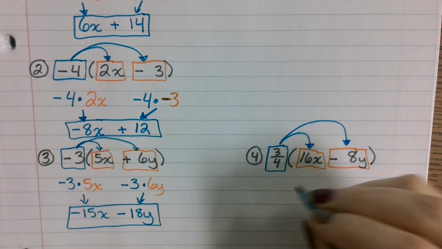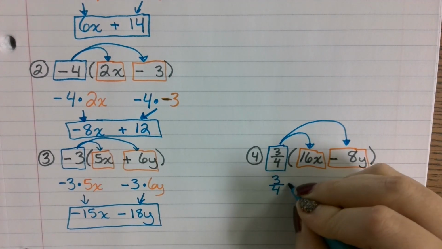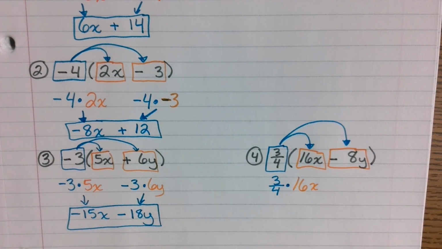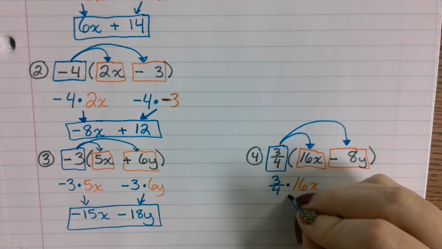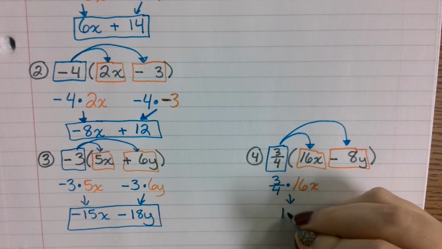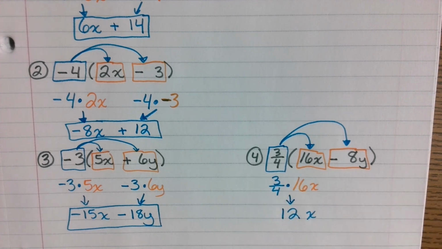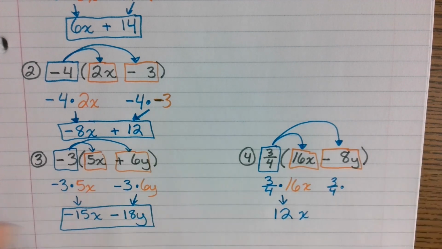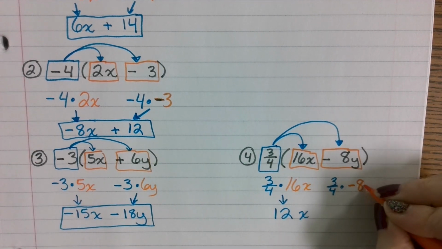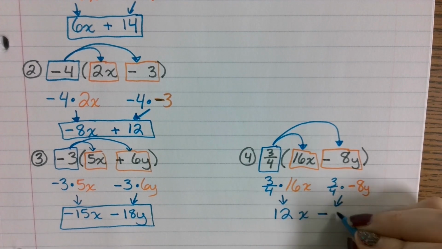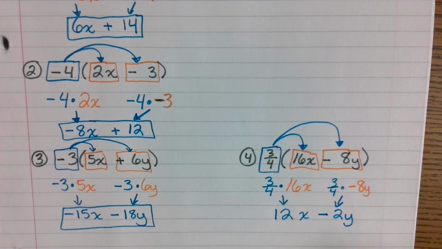Okay, so in your calculators, you would just type 3/4 times 16. You would have to put your x in your answer after you've typed it. You don't put the x in the calculator. Don't ever put the x in the calculator. When you do 3/4 times 16, you're going to get 12, and you just put your x in your answer. Then when you do 3/4 and you multiply it by a negative 8, 3/4 times negative 8 is going to give you a negative 6, and you'll just include the y in your answer.